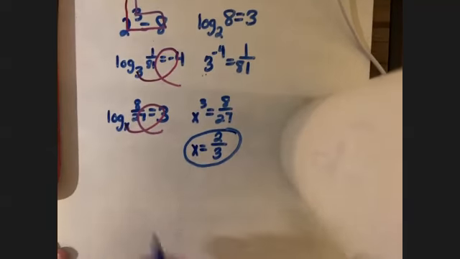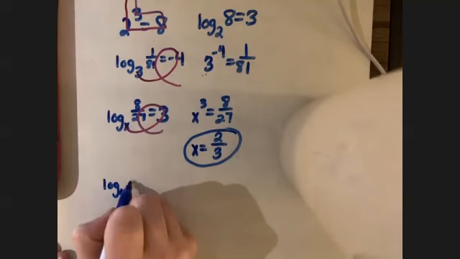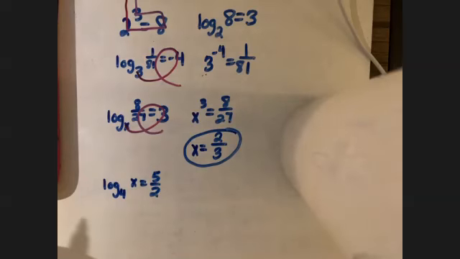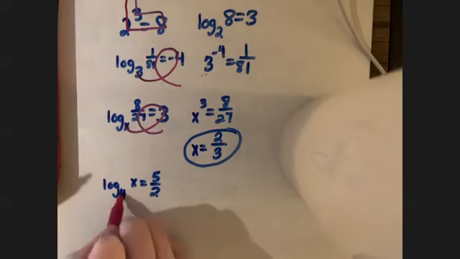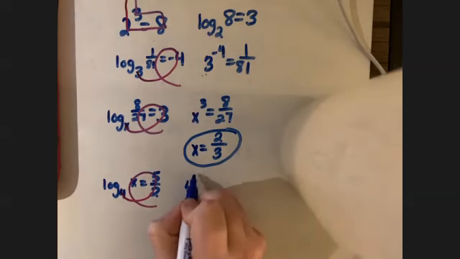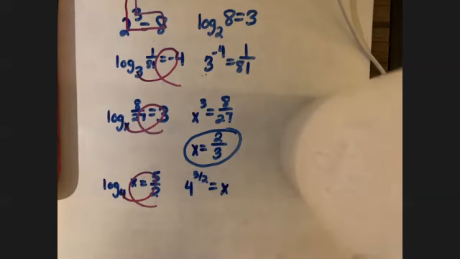So now looking at another one, we've got log base 4 of x equals 5 halves. And again, we'll loop this out. So I've got 4 to the 5 halves equals x.